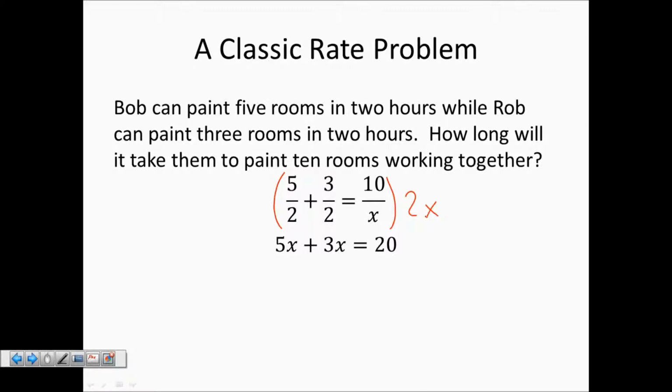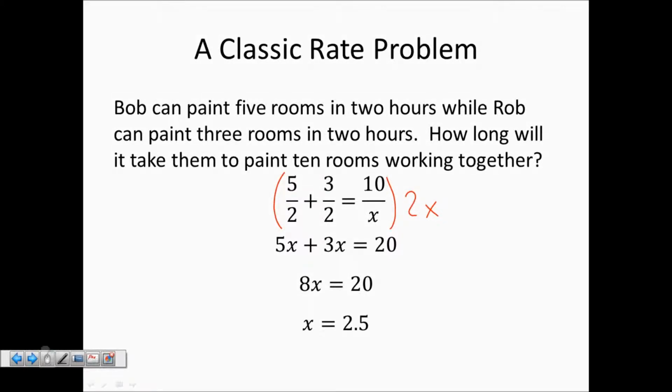The 10 over x has the x on the bottom, that cancels out, but it doesn't have anything to get rid of the 2, so I have to go 10 times 2 and I get 20. Add the 5x and the 3x, divide it over, and I find out that it takes Rob and Bob 2.5 hours if they work together to paint these 10 rooms.